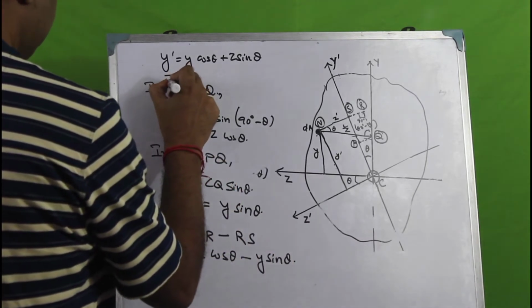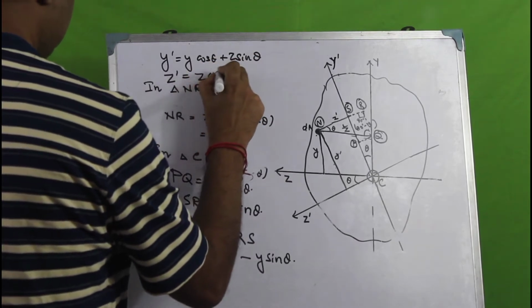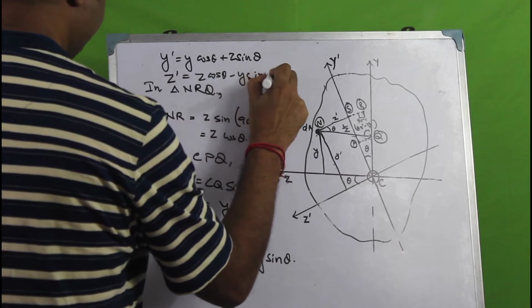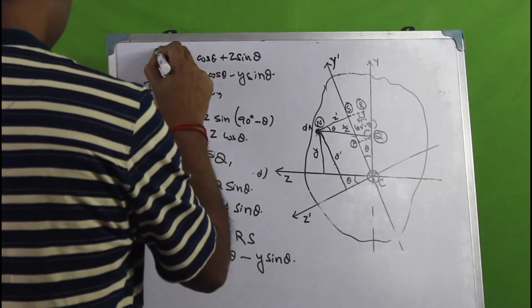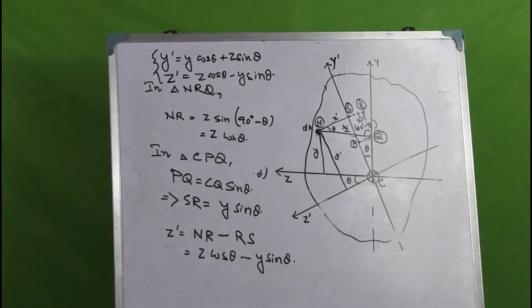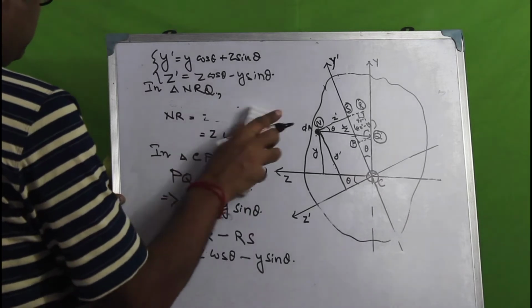So Z dash will be equal to Z cos theta minus Y sin theta. Okay, now we will be using these two values in our deductions as we go on.